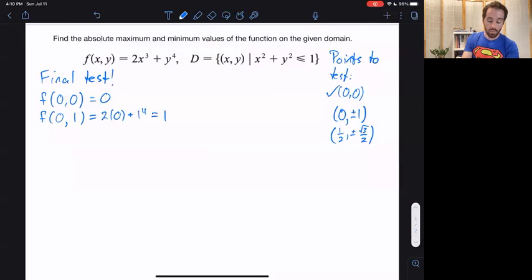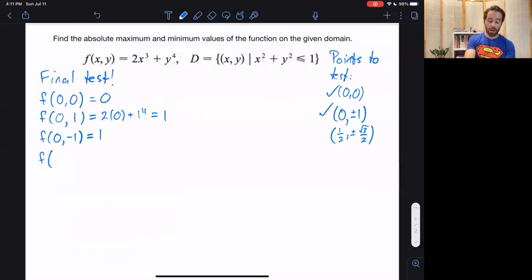That's 1, right? And if you look at f of 0, -1, well, the y is being raised to the 4th power. So actually, the f of 0, -1 is going to be the same as that. Because if you raise -1 to the 4th power, you get the same result as if you raise +1 to the 4th power. So that's going to be 1 as well. So now we've checked those.